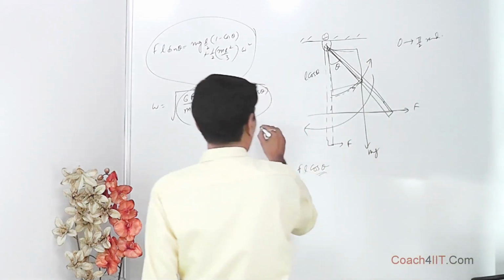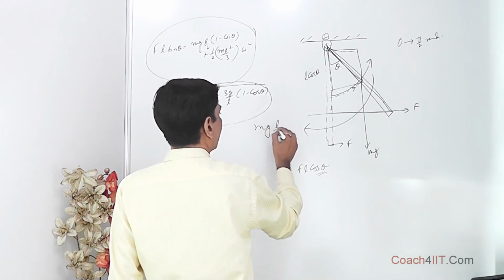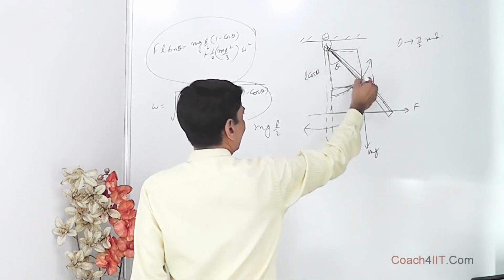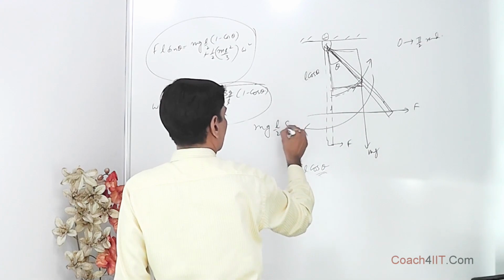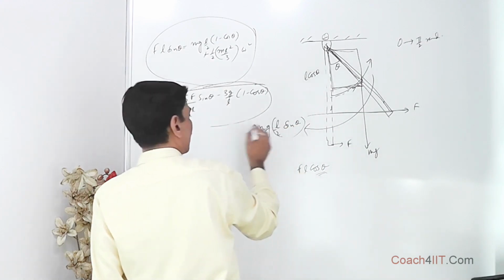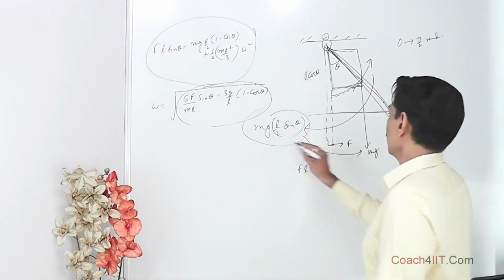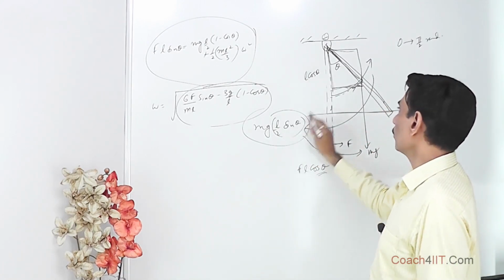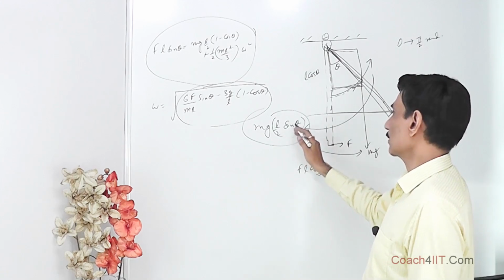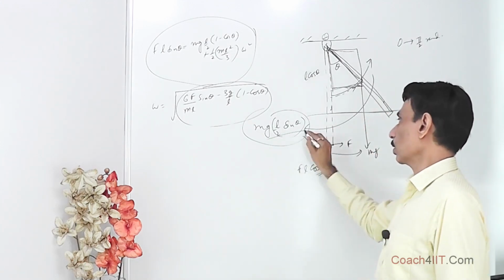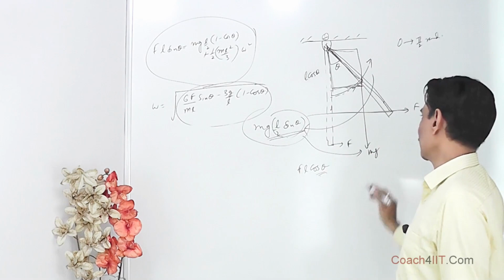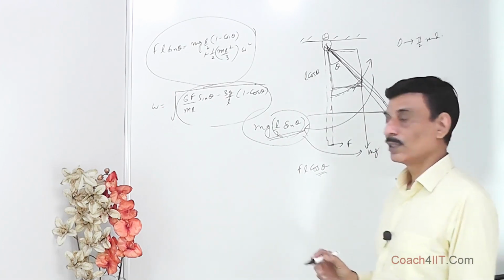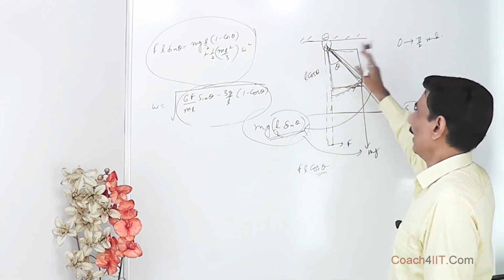The torque of mg is mg into this distance, L by 2 sin theta. As theta increases from 0 to pi by 2, sin theta also increases. That is, the torque of this is increasing, whereas the torque of this force is reducing. So it may eventually attain a maximum theta.